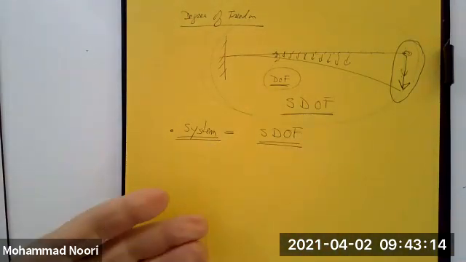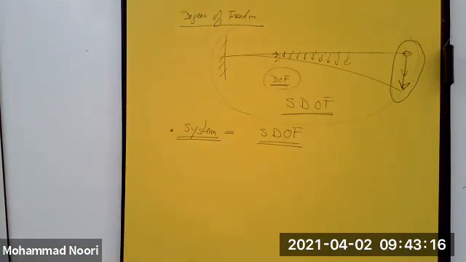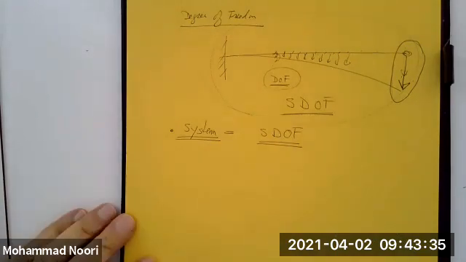I'm not showing you yet how to do that, but I'm asking you to accept that, because the entire course will be based on the assumption that the motion of a system, regardless of the complexity of the system, can be described by only one degree of freedom.